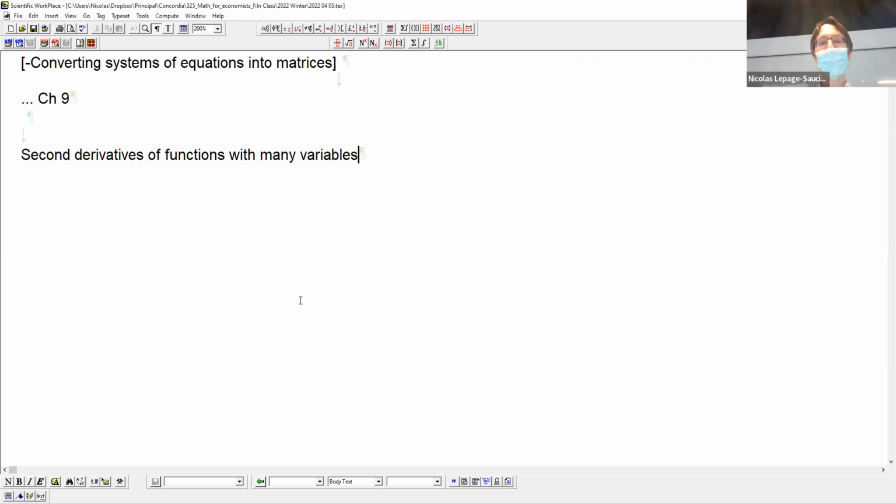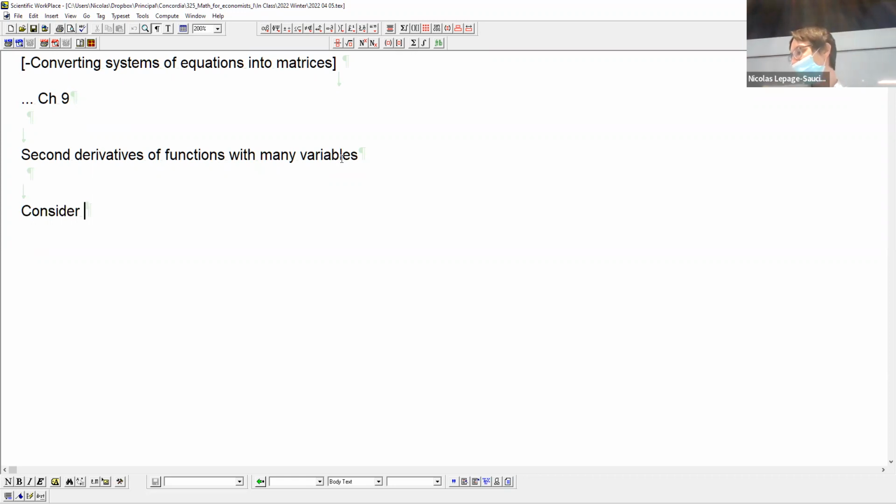Whenever you want to take a second derivative, then you derive a second time. So if you have many variables, then you can choose to derive with respect to one or some other variable. So consider, and with that you will have essentially everything you need to know about derivatives.